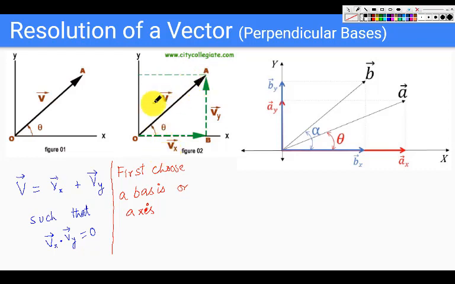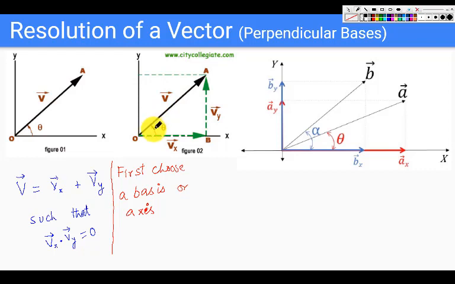For example, here we have chosen this x and y axis, so I can now write v as its two components. This component is in the x direction and this component is in the y direction. If we want to find the magnitudes, we can use the sine and cosine identities.